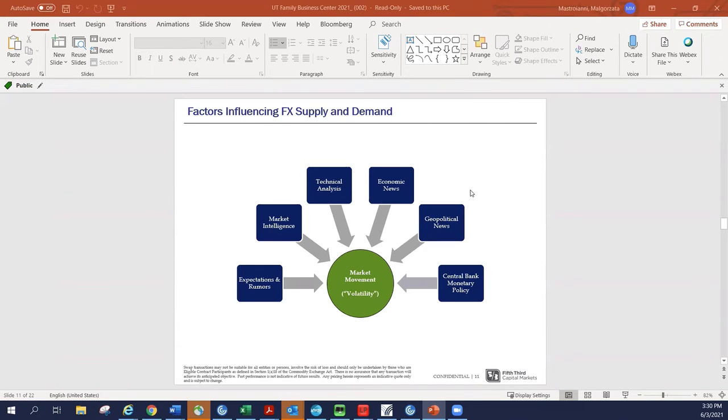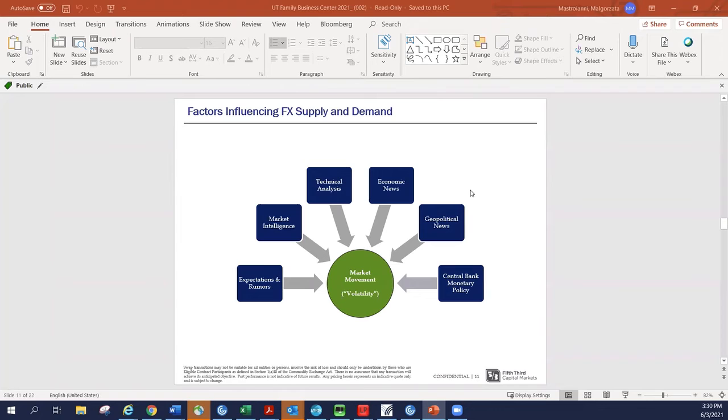What this means is if the central bank decides to increase interest rates, this is supportive for the local currency. If you take a look at geopolitical news, the election of a trade hawk president, which we witnessed in 2016, caused weakness in Mexican pesos and Chinese yuan and a number of other currencies.